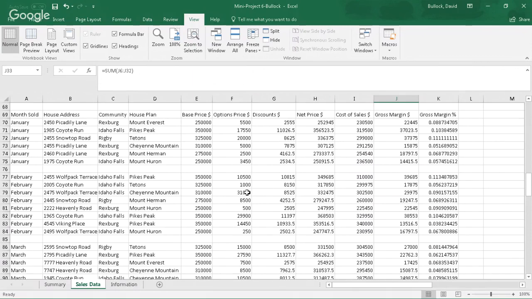Well, yeah, I guess we're supposed to build upon what we already know. So we could say if this cell equals January. But we've already got them broken up, so it kind of defeats the purpose if we're not changing on the front page, oh, we want to know January, or February now, or March now.